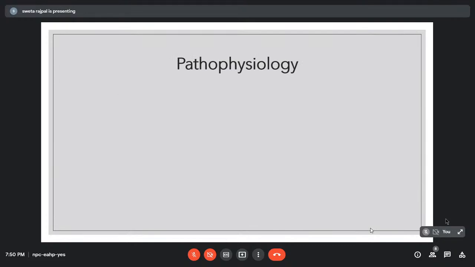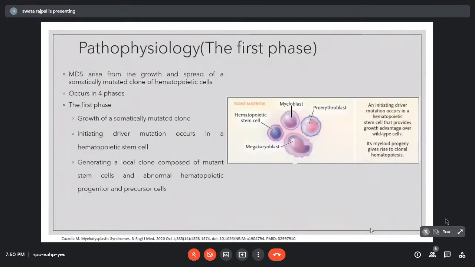So coming to the main part of this lecture, the pathophysiology. It happens in 4 phases. We know that MDS is a stem cell disorder.